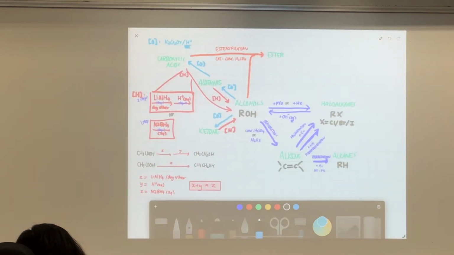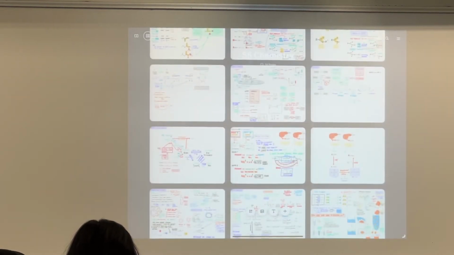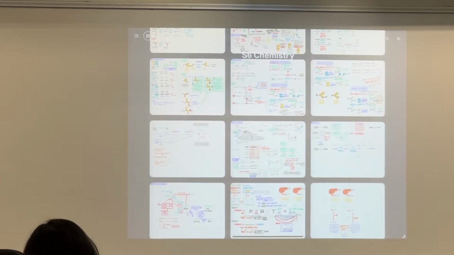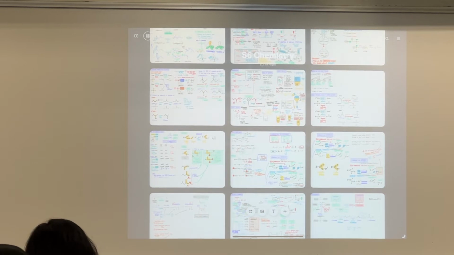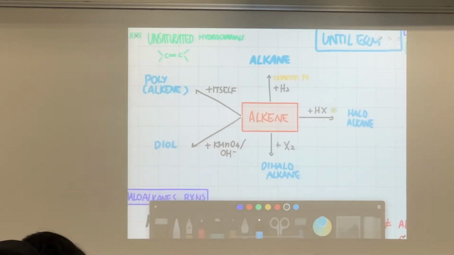There are many other addition reactions as well because alkene can react with a number of things. Oh, here. H2, HX, X2. These are all addition reactions because two things react to form one thing.